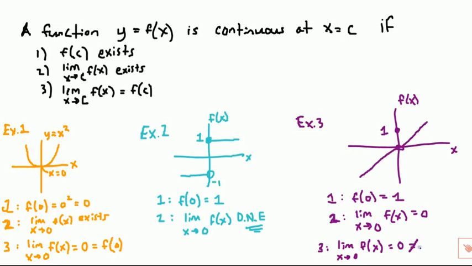So this is not equal to 1. The limit as x approaches 0 is not equal to the function value at 0. That makes sense, right? On either side, the line is getting closer and closer to 0, but you have to actually jump up to 1 at 0 to fill in f of 0. And that makes sense that this is not continuous, because you couldn't draw this without lifting up your pen and filling in 1 right here. So this is discontinuous.